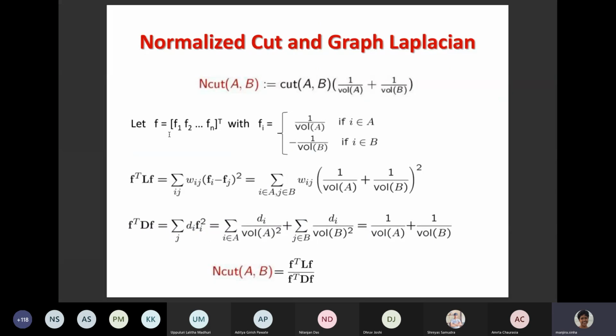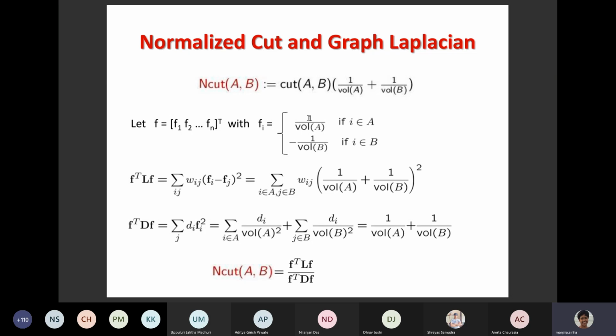Now let us take a column vector such that each fi is equal to 1 by volume of A if i belongs to A, and minus 1 by volume of B if i belongs to B. This is also defined as 1 and minus 1 in some slides from different places.